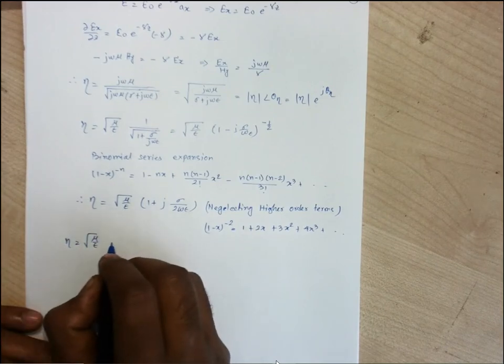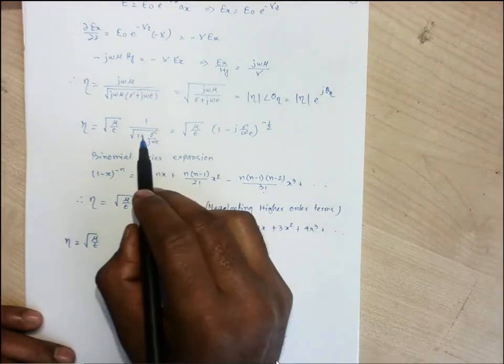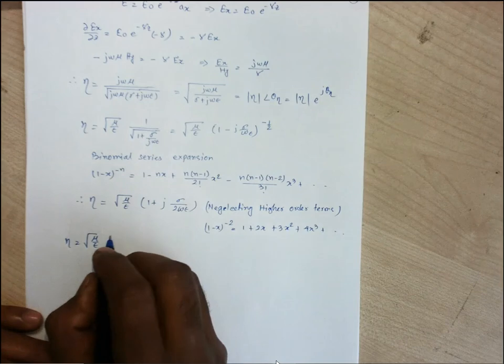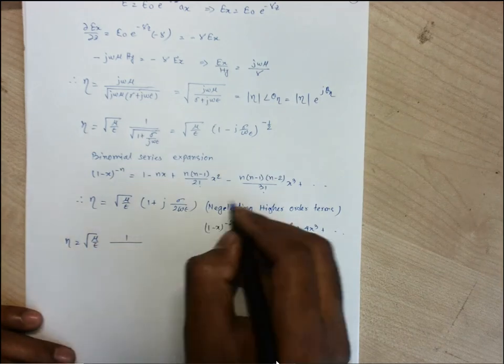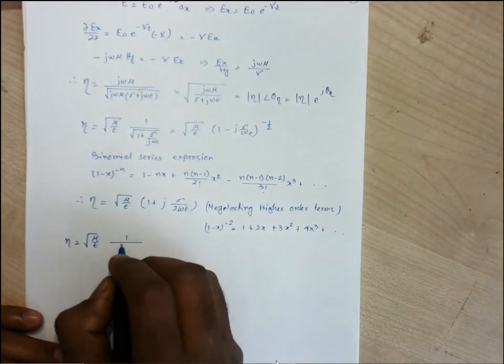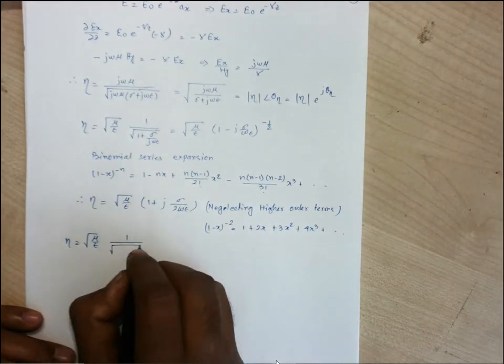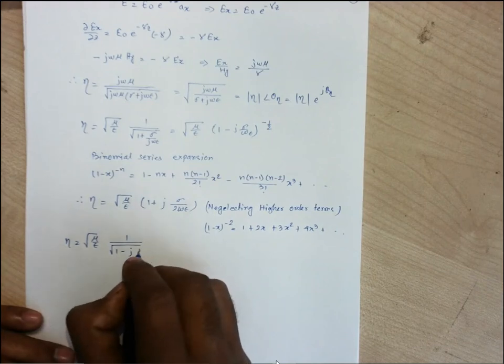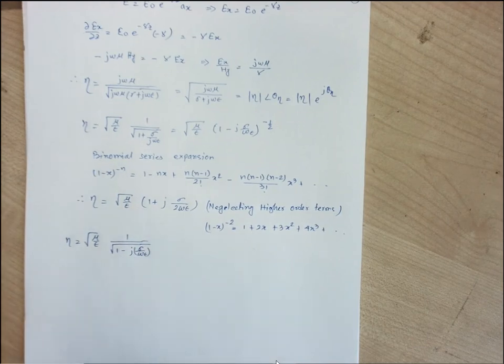We can write like this, whatever we have written here. Most probably this binomial expansion is not required, we can go with this also, 1 minus j sigma by omega epsilon, right?